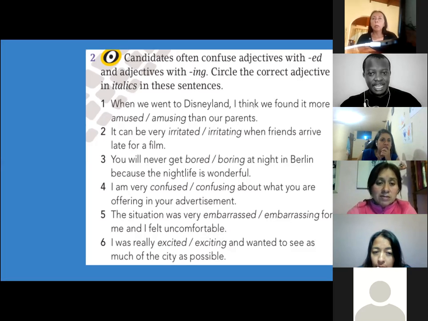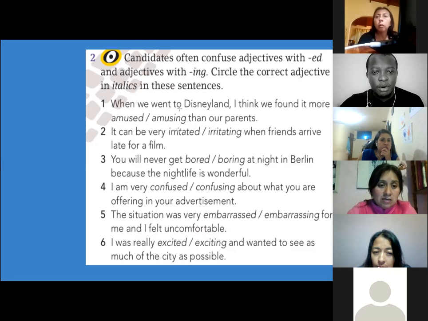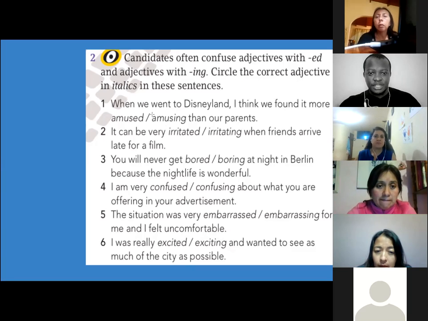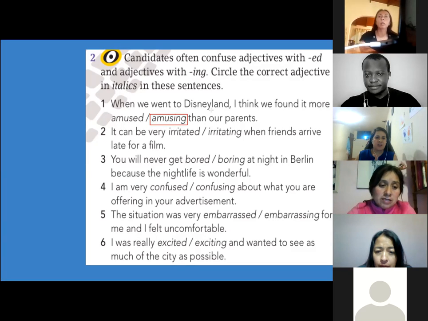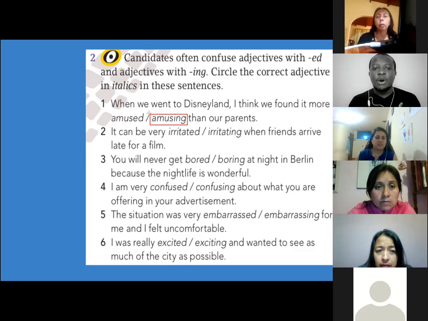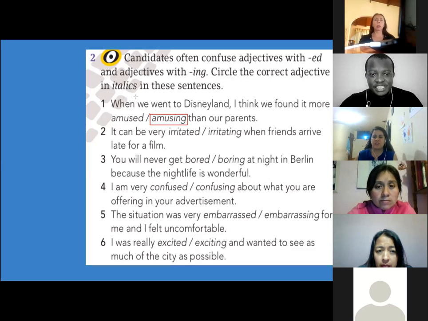When we went to Disneyland, I think we found it more amusing or amused than our parents. What is the correct option? Amusing. Why? What are we describing? We are describing Disneyland. Maybe they were kids, so we are describing their feeling.